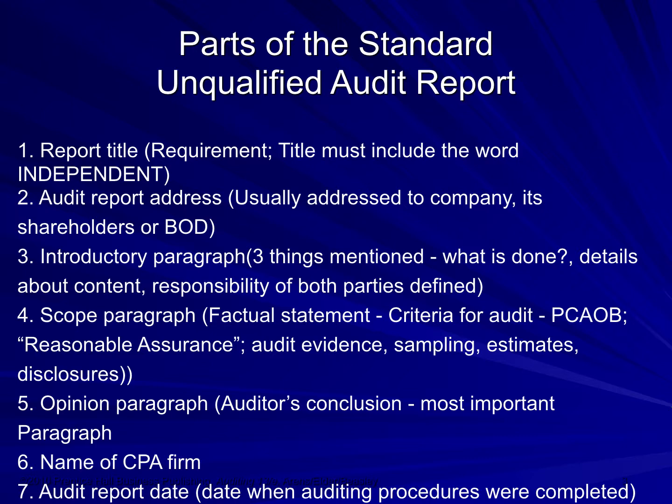Then comes the introductory paragraph. After that comes a scope paragraph, and then the fifth one is the opinion paragraph, in which the auditor gives the opinion. Then you put the name of the CPA firm who did the audit, and then at the end you put the audit report date. Now let's dig into each part in detail.